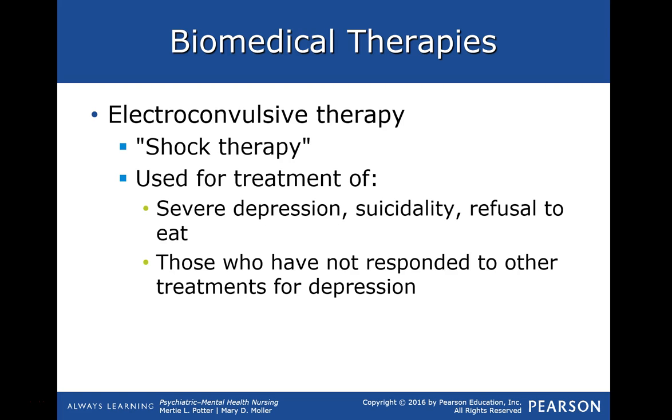The mood normally tends to lift after about 2 to 4 treatments. This is not a one treatment, one shot, one fix. Again, I said 6 to 12 is average, and we normally see an increase in mood after about the 4th or 5th treatment. They cannot drive after the treatment, so they have to have someone there to drive them home.